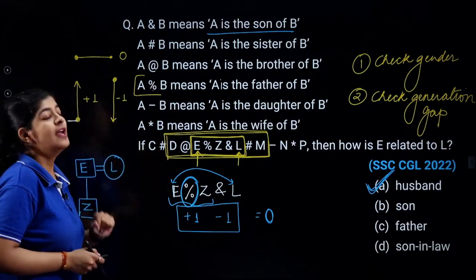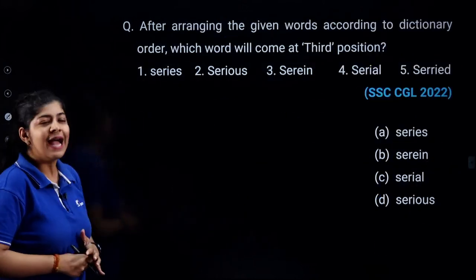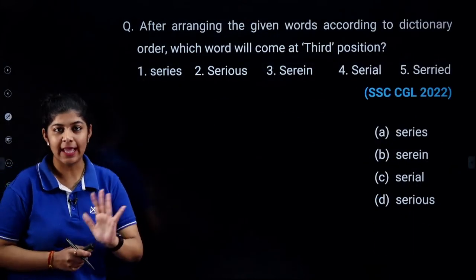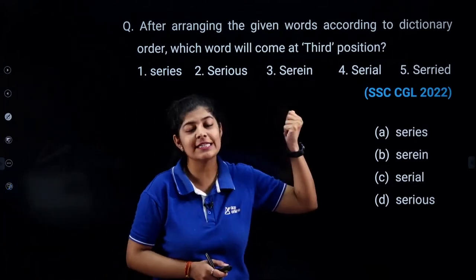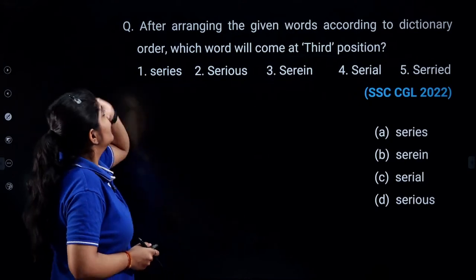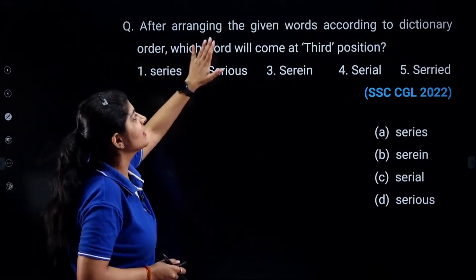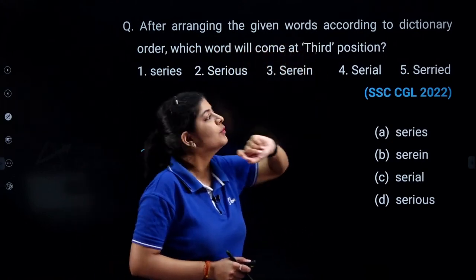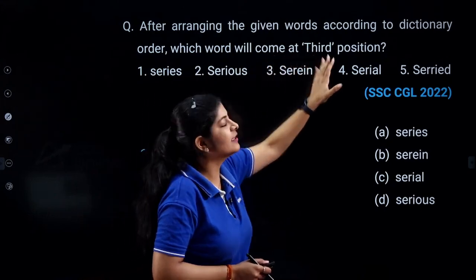Okay. Now let's move towards the next question. I guess this is the simplest question that I have in the SSC CGL 2020, these types of questions. The question is saying that after arranging the given words according to dictionary order, which word will come at third position?